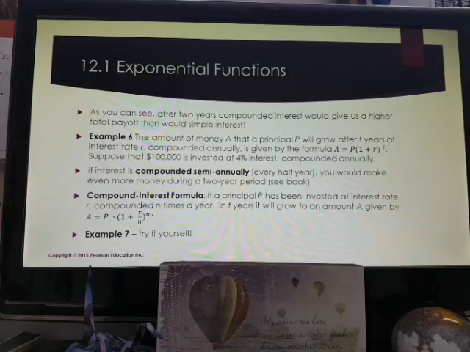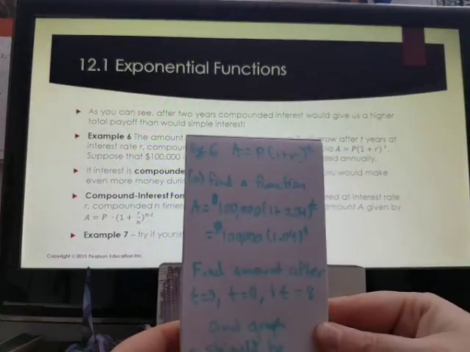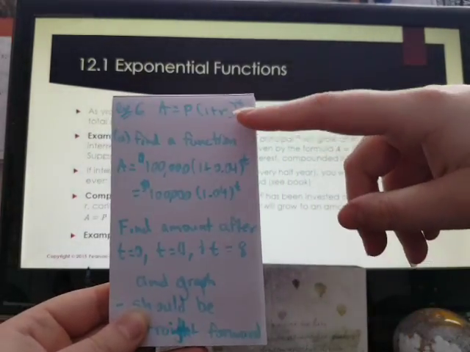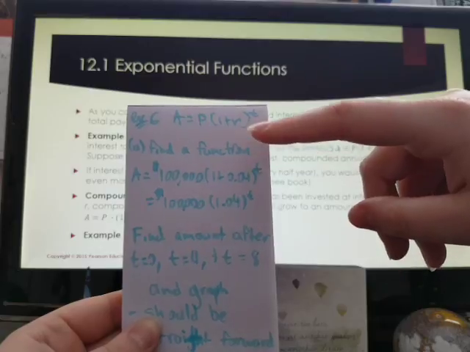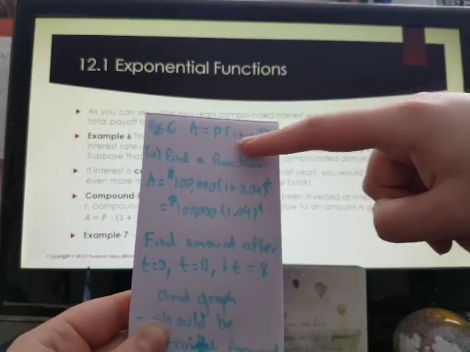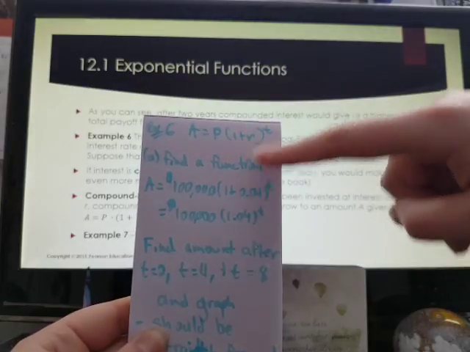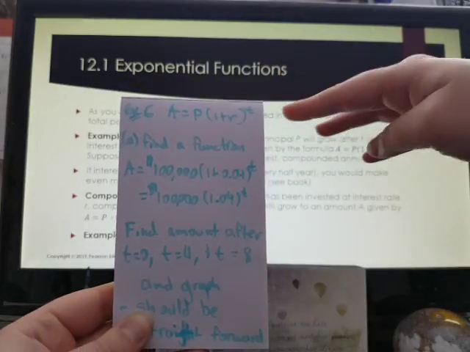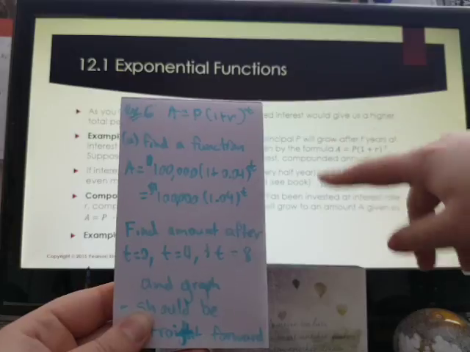So if we're talking about investing 100,000 at 4% interest, which is what we were talking about in our original calculations just then, and compounding it annually, the very first thing they ask you to do, there are multiple steps to this problem, but it says find a function. So it wants you to find a function using this formula and plugging in those values for your principal amount, which is 100,000, and your 4% interest.